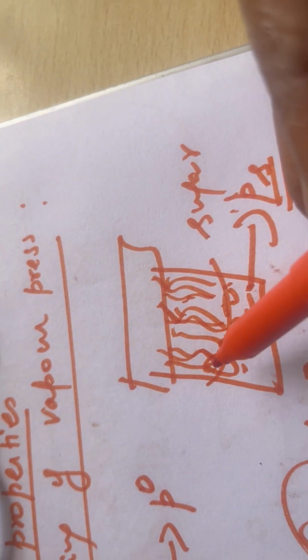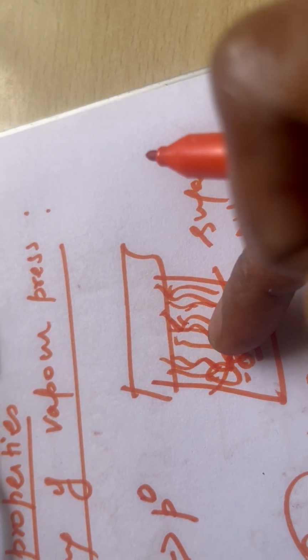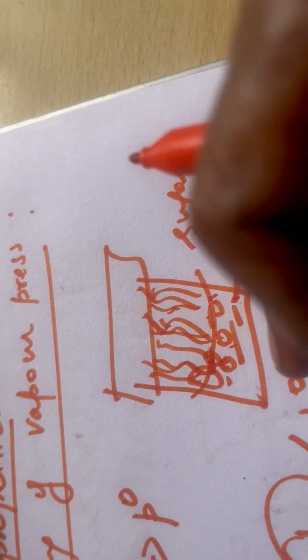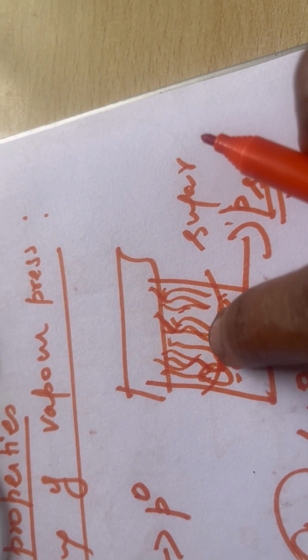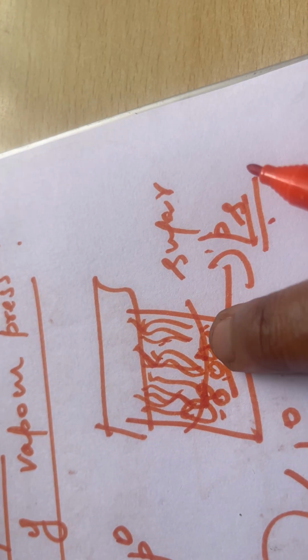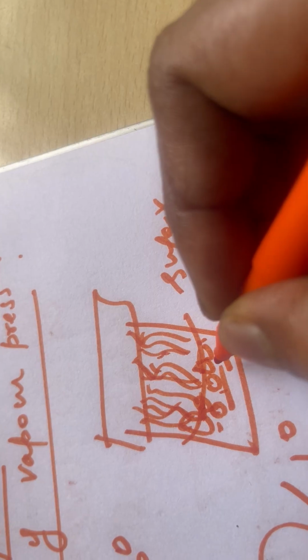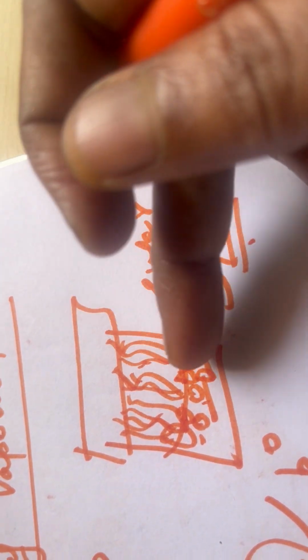Why? Because in solution both solute and solvent molecules are there. Out of these two, only solvent can undergo vaporization. Solute cannot undergo vaporization. But what will the solute molecule do? Solute will act as a hurdle that will not allow the solvent molecules to undergo vaporization at a faster rate.